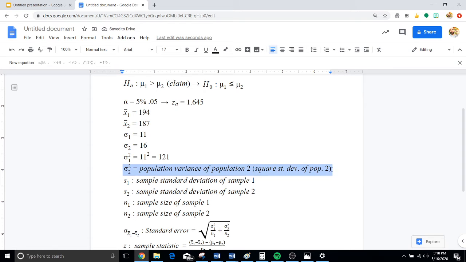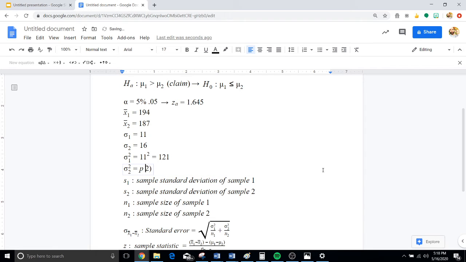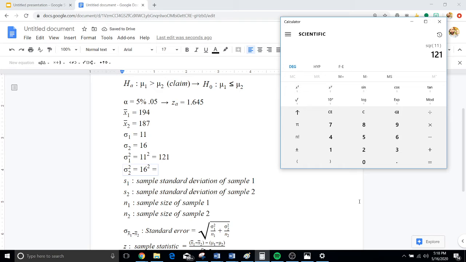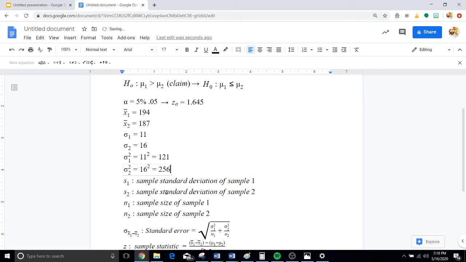And we know that we need to square 16 as well. So 16 squared is going to be equal to, I think it's 256, but we can check. 16 squared, yep, 256. So we have 256.